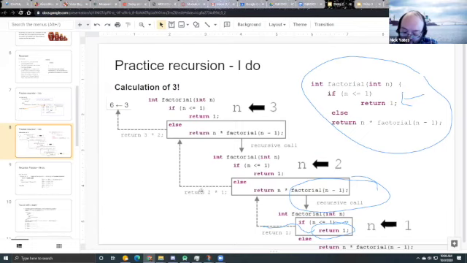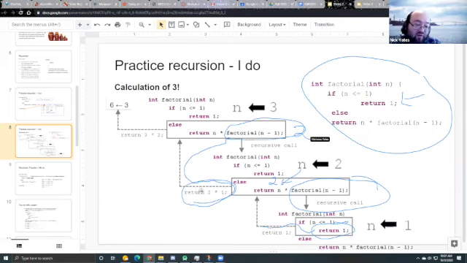So that is a 1. But then that one said return n times 1. At that time, n had been 2. Now, n has changed throughout our times, but at that time, n had been 2. So it'll be 2 times what we returned, a 1 for this base case, 2 times 1 for the next level up. And that will now return 2 times 1, which is 2, to right here.